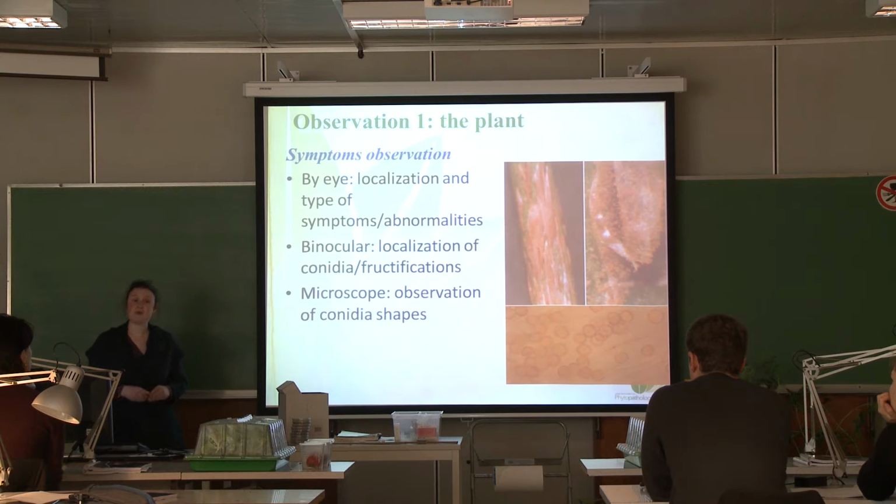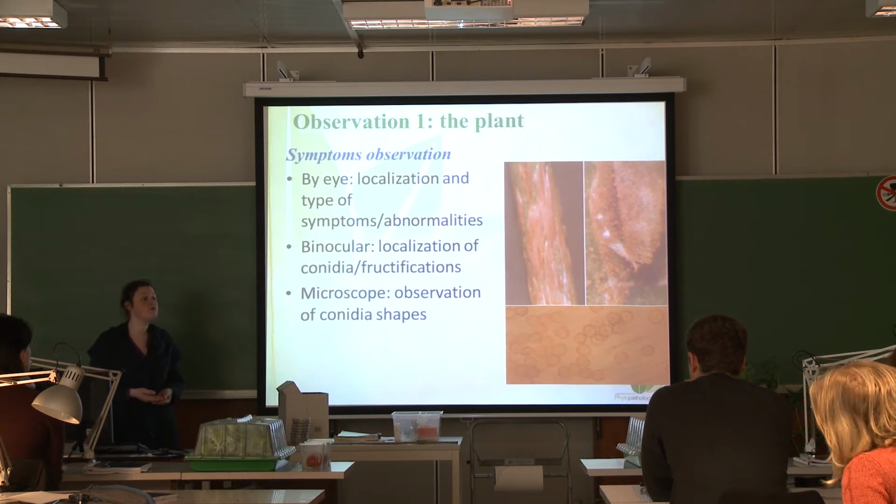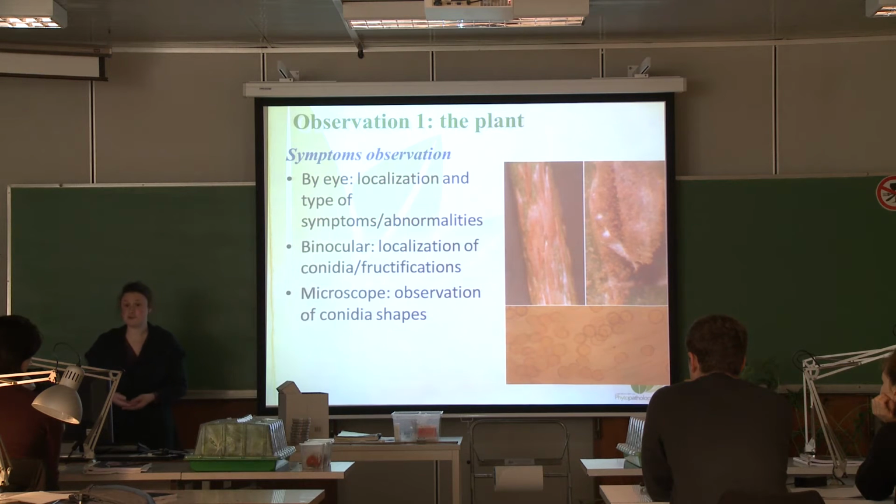After that, maybe you want to go a little further, and you can use a more technical tool like a binocular, maybe to see if in the lesions you have some fructification, if you have a fungus, for example. And you can go a little further again and take the fructification to observe it maybe under a microscope.